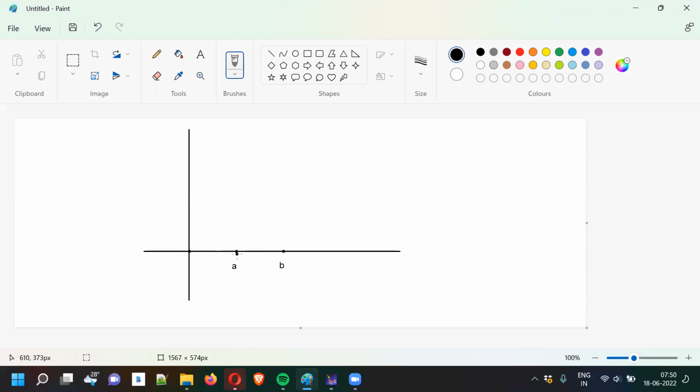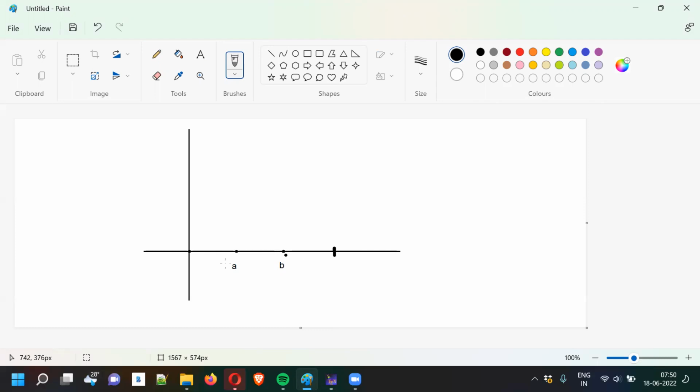Don't move the compass. Place the compass center at the origin, measure the distance to the point a. Now don't change the compass, just lift it, place the center at b, and draw the arc with that same distance.